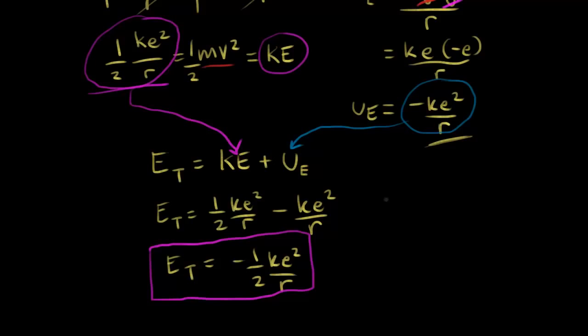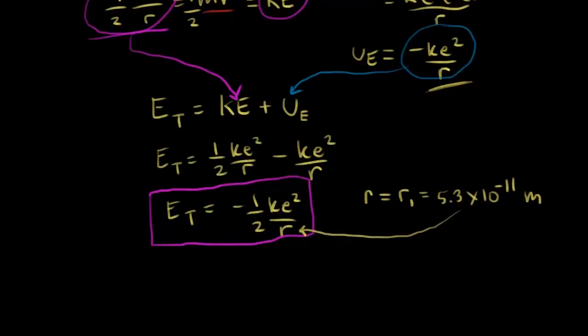All right, let's find the total energy when the radius is equal to R1, what we talked about in the last video. So the radius of the electron in the ground state. When we did that math, we got R1 equal to 5.3 times 10 to the negative 11 meters, and we're going to be plugging that value in for this R. So we can calculate the total energy associated with that energy level.